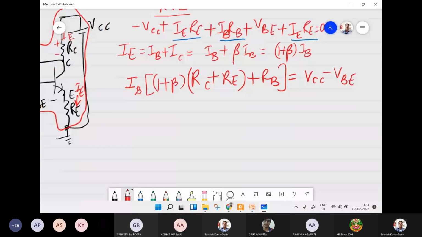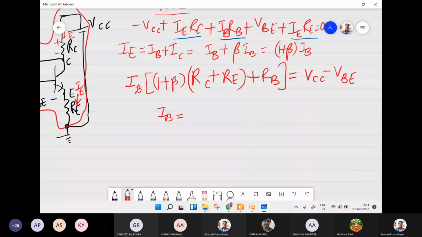Now from here, we can write the value of IB equal to VCC minus VBE divided by RB plus 1 plus beta times RC plus RE.